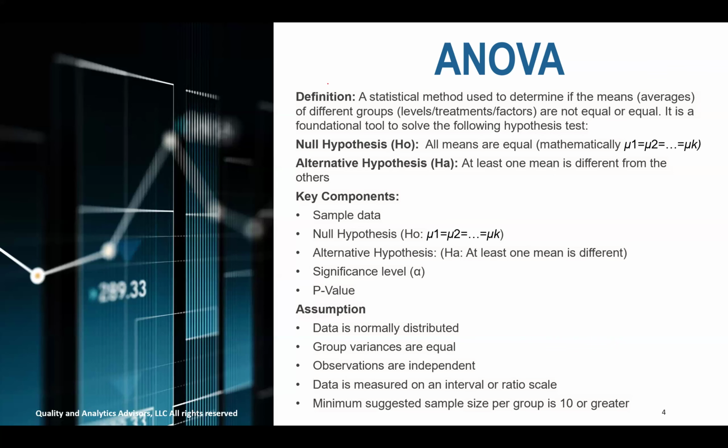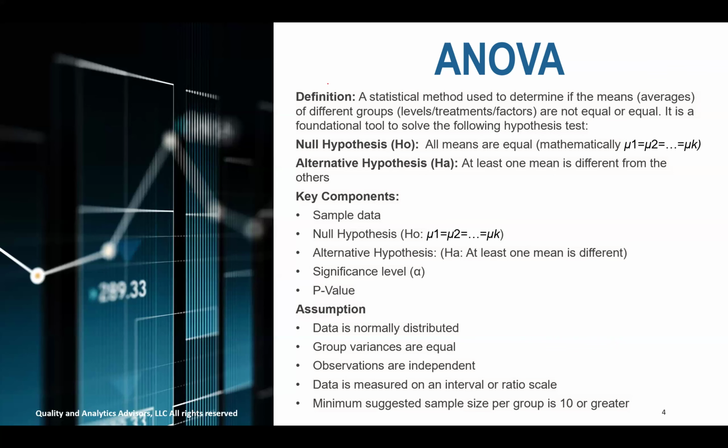And our null hypothesis is basically going to say that all of these means are equal. So in other words, ANOVA is a test of means. We need to formulate a counter argument to the null. We're going to call that the alternative hypothesis. In that counter argument, we're going to state that at least one mean is different from the others.